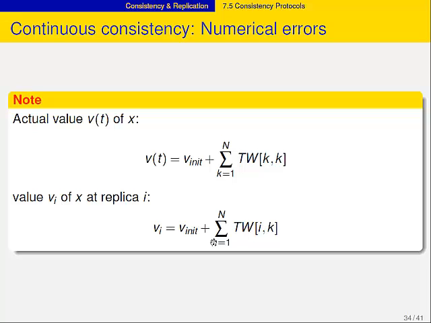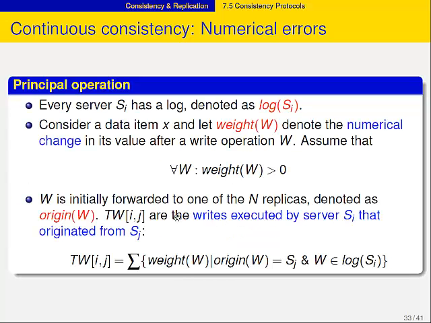What this thing says is, now I'm looking at server Si. What is the value of Vi at Si? Well, it's exactly the write operations that have taken place on all other servers and that have been propagated to me. That's exactly TW(i,k). To go back to the definition, they are the writes executed by server Si that originated from Sj.